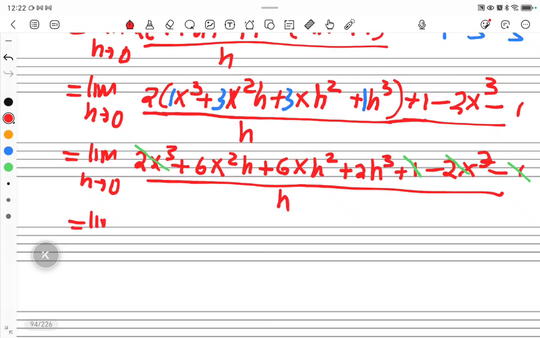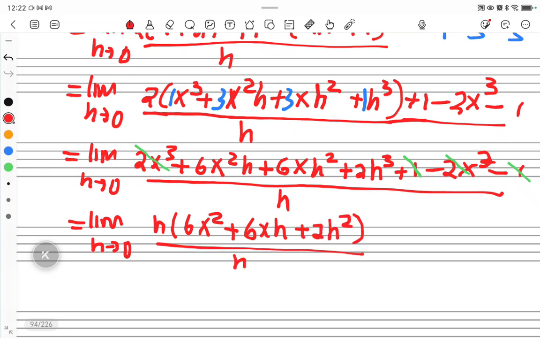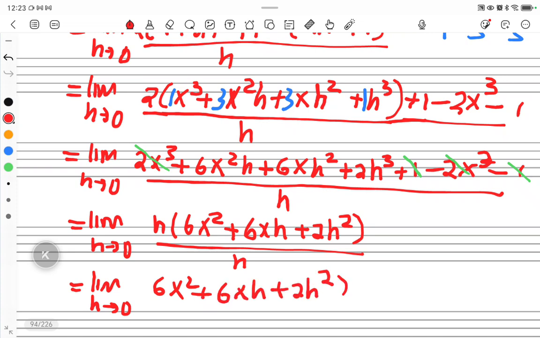We have the limit when h approaches 0 of h times 6x squared plus 6xh plus 2h squared, right, over h. And this would be the limit as h approaches 0 of 6x squared plus 6xh plus 2h squared.